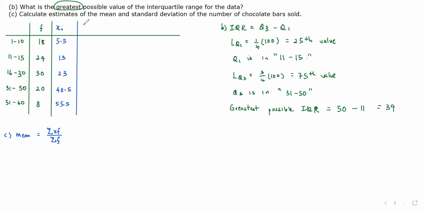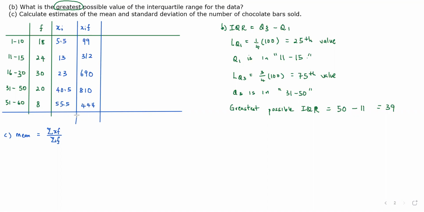To find the mean, we need to find the product of the class midpoints and the frequency. So we take 18 multiplied by 5.5, that is 99. Then 24 times 13, that is 312. You do the same for the rest as well. The third has a value of 690, 810, and 444. After that, you just sum all of these.